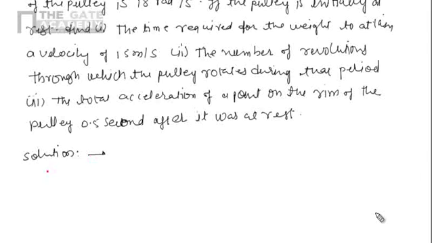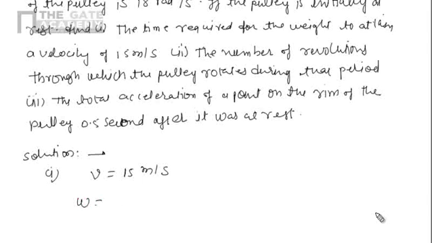That is for part 1. We are interested in the time required for the weight to attain a velocity of 15 meter per second. Velocity is given, but we are dealing in rotational motion, so we have to find the corresponding angular velocity.